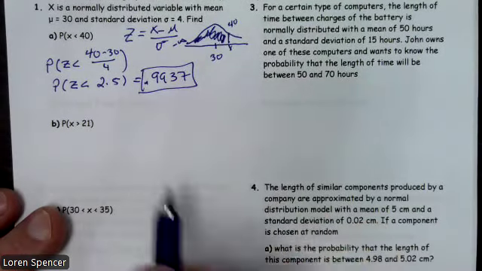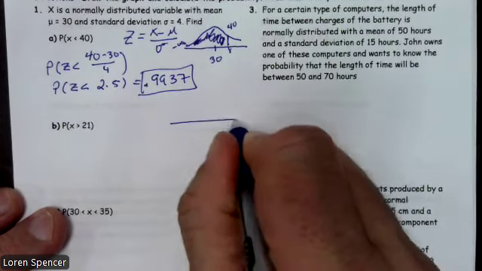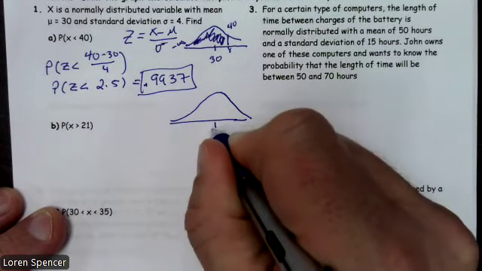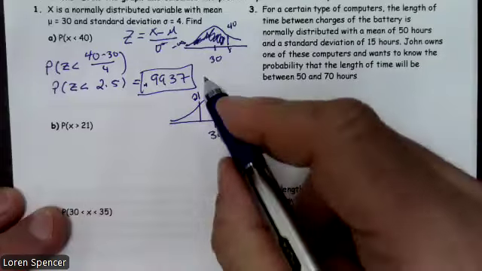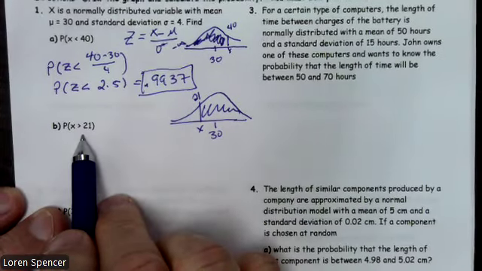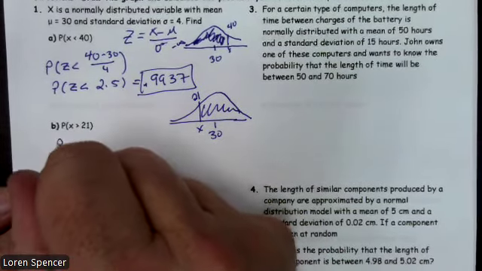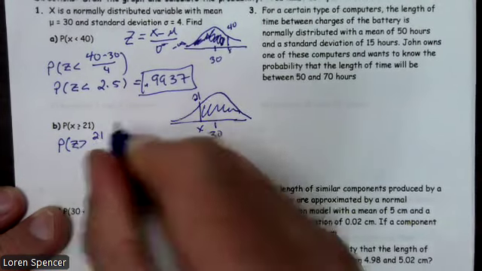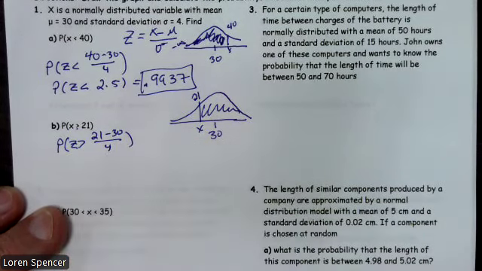All right, the next one, they want the probability that x is greater than 21. I'm still looking at the same scenario. We have a mean of 30 and an x at 21, and we want to be greater than that. So they've already given me my probability statement. I already have z equals x minus mu, so I'm going to start plugging in. The probability that z is greater than, because that's the greater than, 21 minus my mean of 30 over the standard deviation of 4.